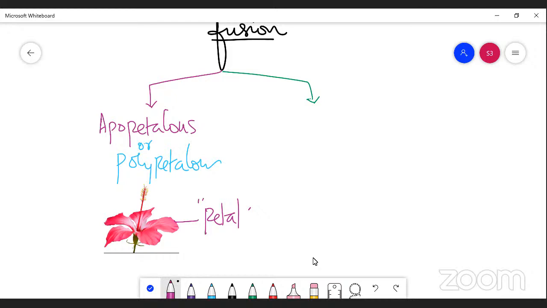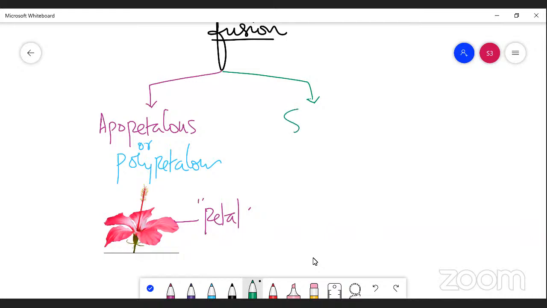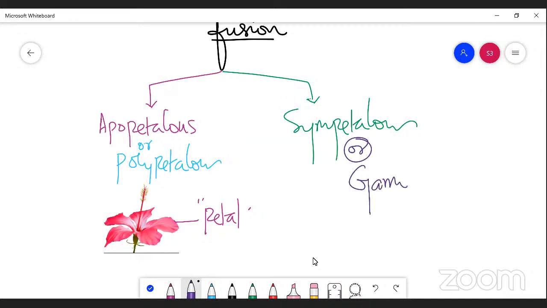Whereas gamopetalous means the petals are fused at the base. It is also known as sympetalous.